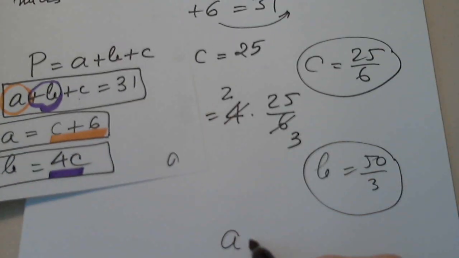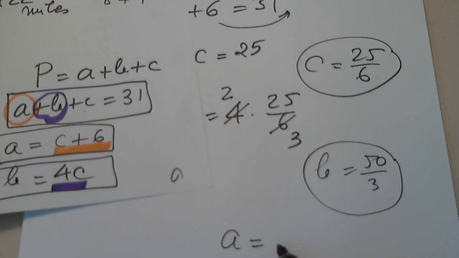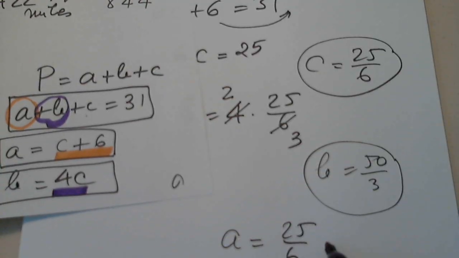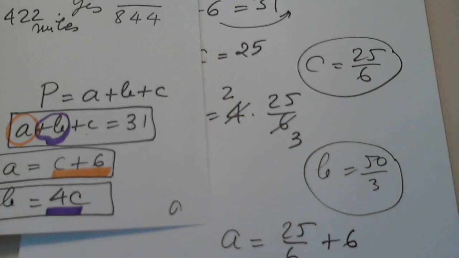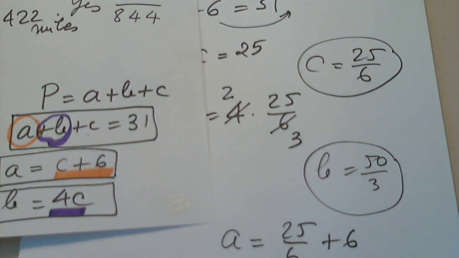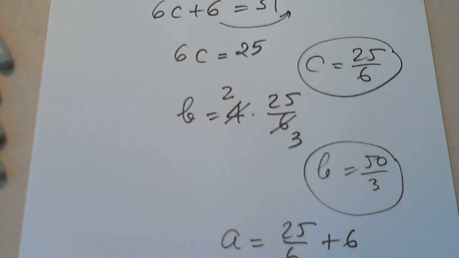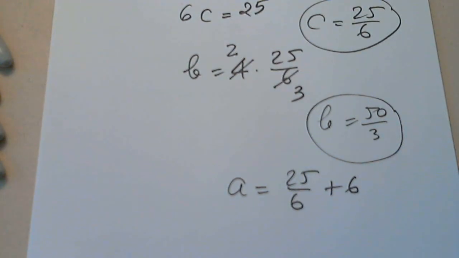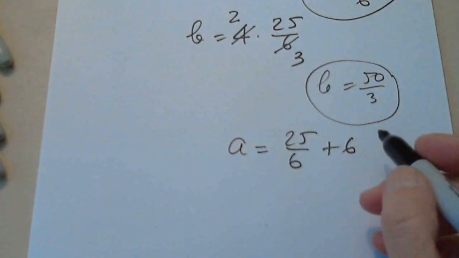A equals C, which is 25 over 6, plus 6. How do I add fractions that do not have the same denominator? We didn't get to this. Well, I have to find the least common denominator.